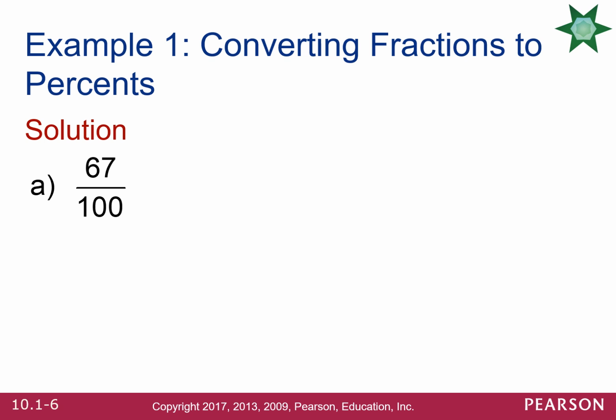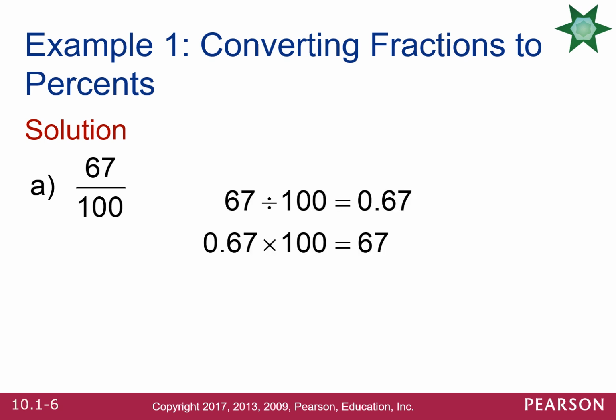Converting fractions to percent. Again, they are giving us the solutions of the problems I worked out for you previously. 67 over 100. Let's see how they've worked it out. They divided 67 by 100 to get a decimal value of 0.67, and then 0.67 times 100 equals 67.